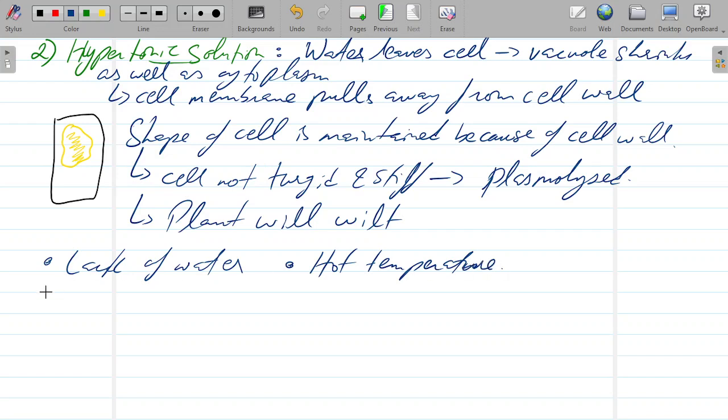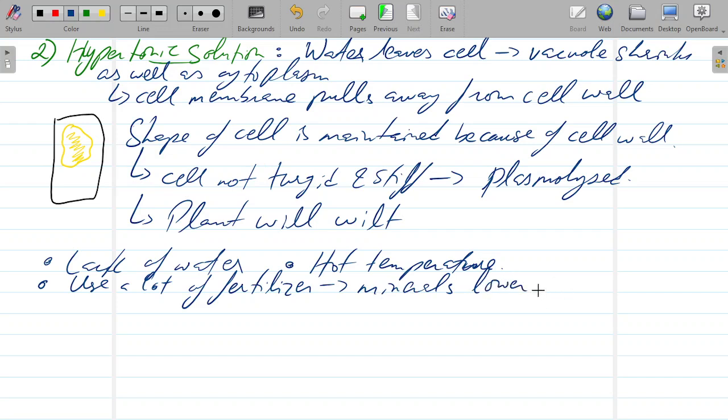But if you talk about human activities, if farmers use a lot of fertilizer, so fertilizer has minerals, and that lowers the water potential of the soil. And so water will actually end up leaving the plant, and it's not going to help. So they're putting in fertilizer for better growth, but it's actually having a reverse effect.